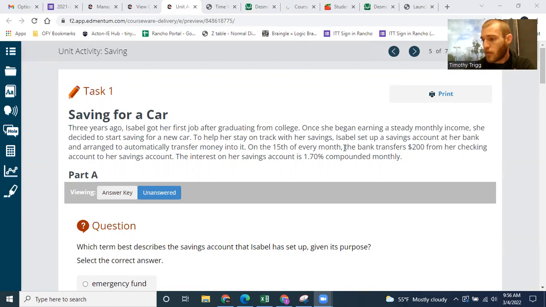So $200 a month, 1.7% interest rate compounded monthly. These are all important aspects to this account. Also, that she's making contributions for 3 years. That's mentioned in the very first part there, 3 years ago. So the amount of time that she's doing this is 3 years. That's going to be an important aspect to this problem as well.